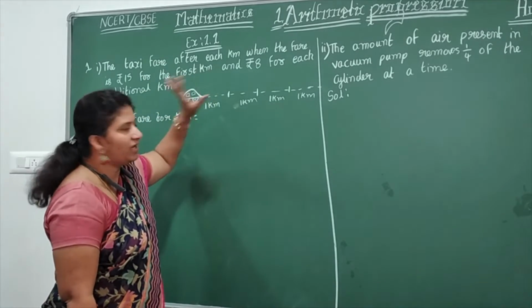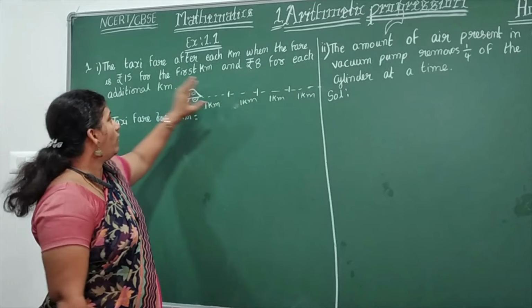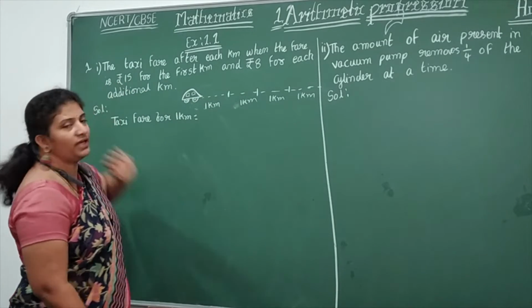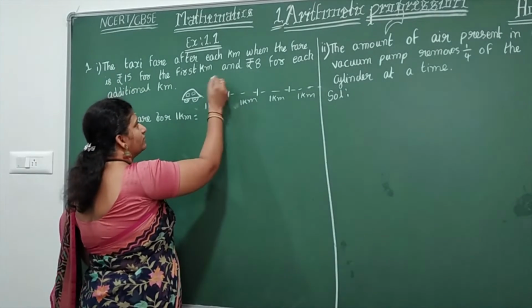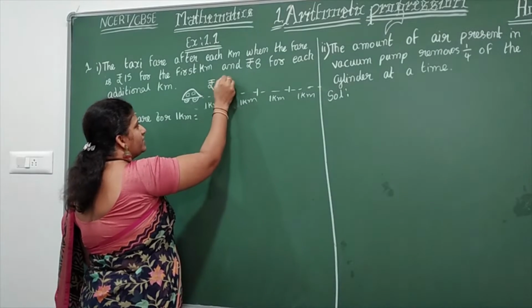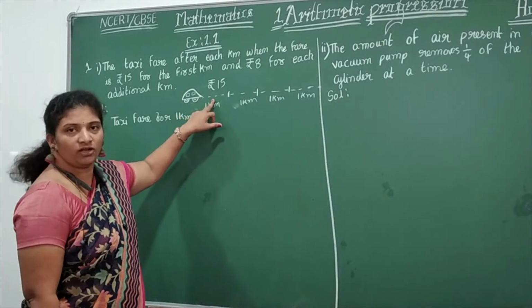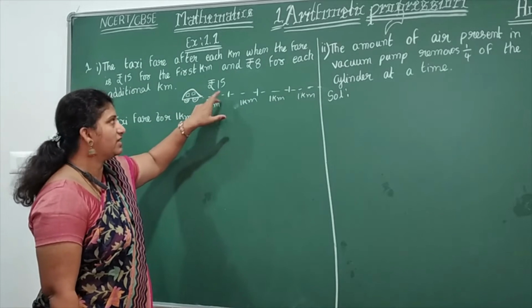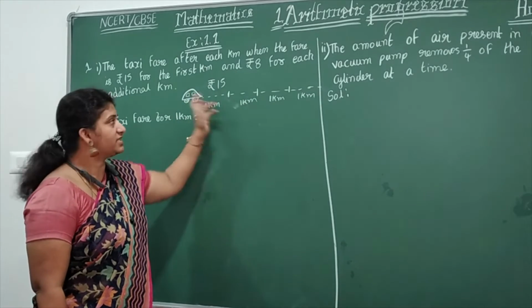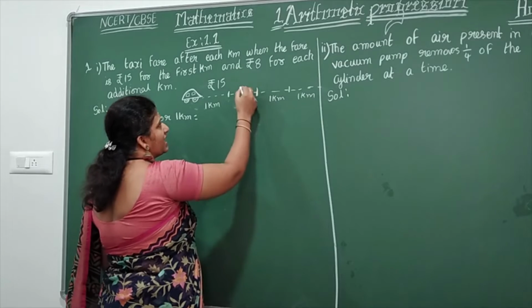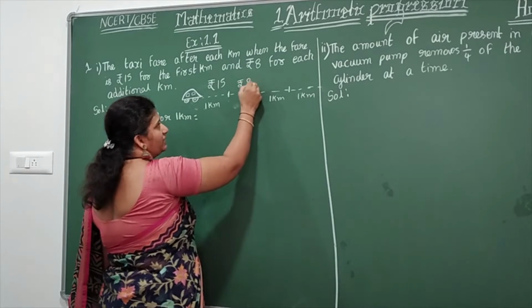If you travel up to 1 kilometer, what is the first amount you need to pay? Fare, it will be 15 rupees. First kilometer, 15 rupees. So if you drop in the middle also you have to pay 15 rupees. But after the first kilometer, after every kilometer the charge will be 8 rupees.